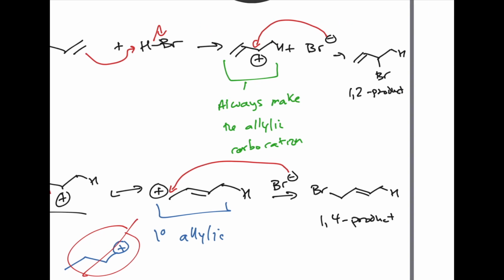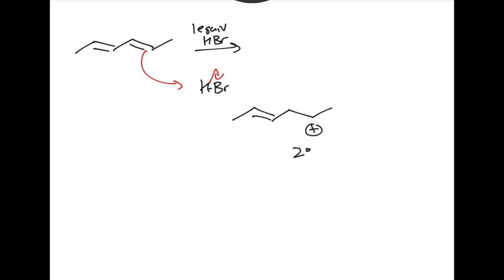But what if you have a situation like this, that either carbocation that you make is going to be secondary, right? So if I add to this, that's a secondary carbocation, or I could add in such a way that it's secondary but also allylic.